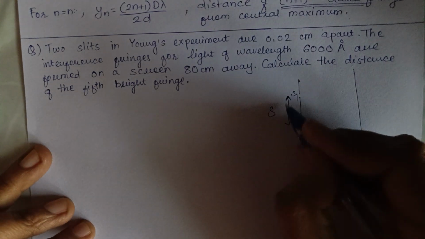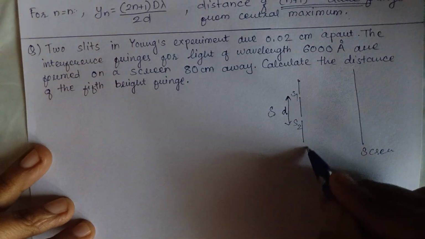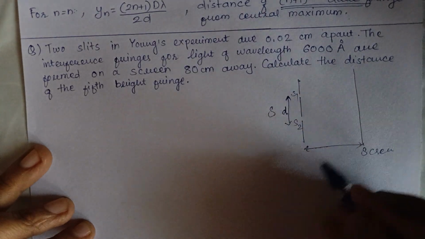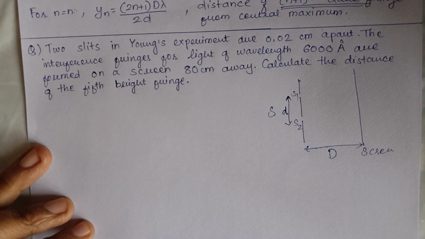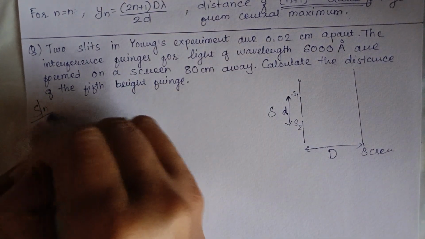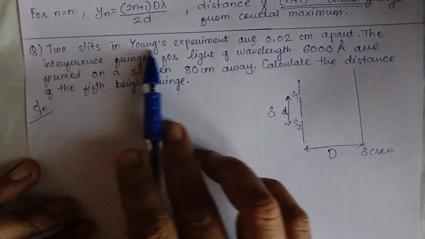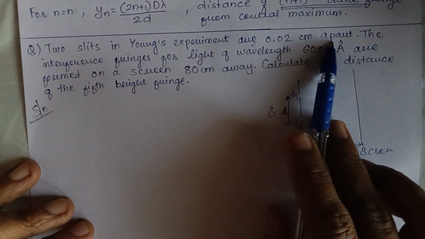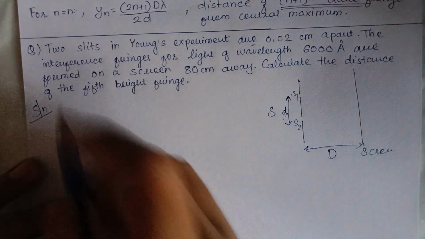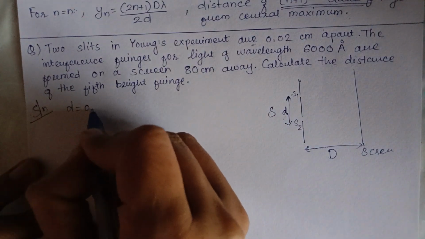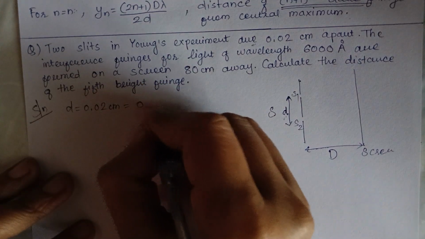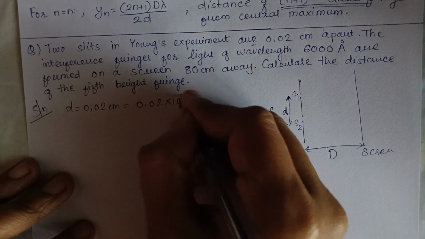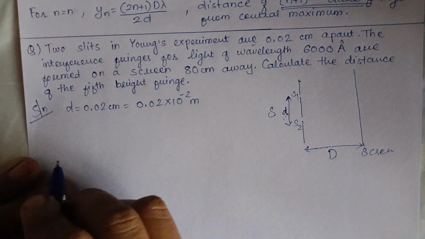Distance between the slits is small d. Distance between the screen and the slits is capital D, right? So we'll write here what is given. Two slits are 0.02 centimeter apart. So small d is 0.02 centimeter. Convert it to meter, 2 into 10 raised to minus 4 meter.